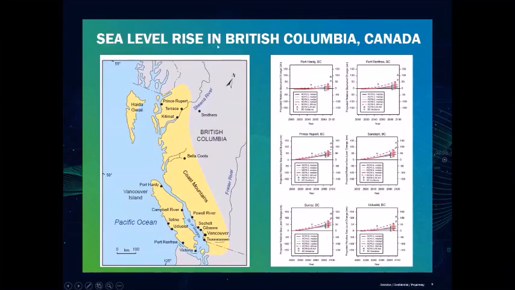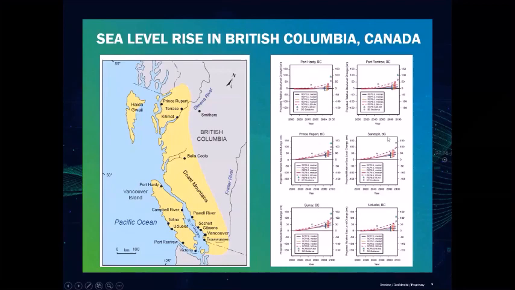This is the sea level rise in British Columbia, BC, published by NRCan. This is Port Hardy, Port Renfrew and Victoria on Vancouver Island, and Vancouver here. If you look at the sea level rise for the different locations, at Port Hardy, by 2100 you can see it is about 0.67 meter.